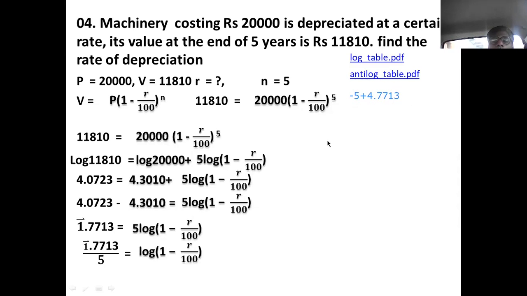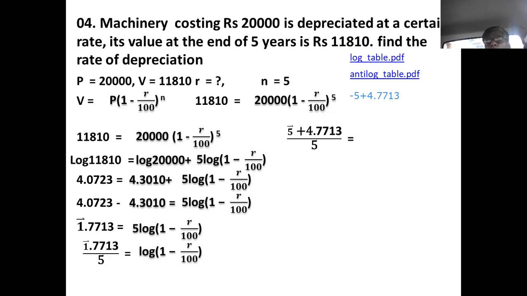You see the next step. Next step is bar 5 plus 4.7731. Then bar 5 gets cancelled. 5 ones are 5, 5 ones are 5. Minus portion completed. Then come to bar 1 is there. Bar 1.